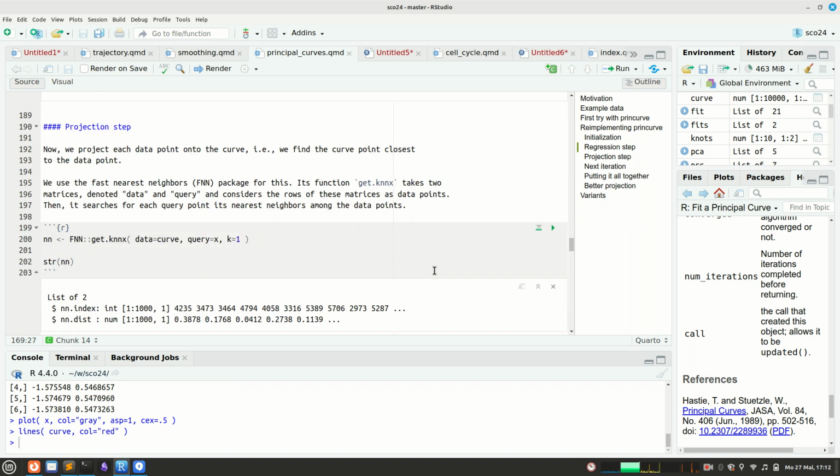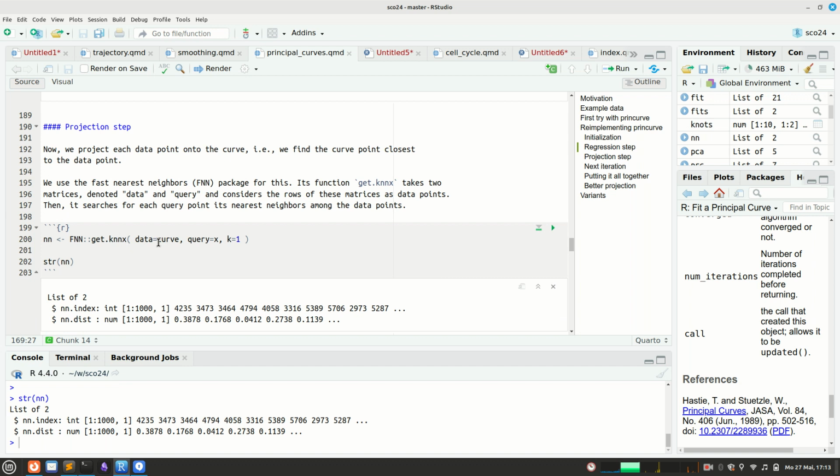And I call this by telling it, use the 10,000 curve points as data points, and my 300 data points as query. For each of these data points, find the closest point, I only want one nearest neighbor, among the 10,000 curve points. And that's what I now have here.